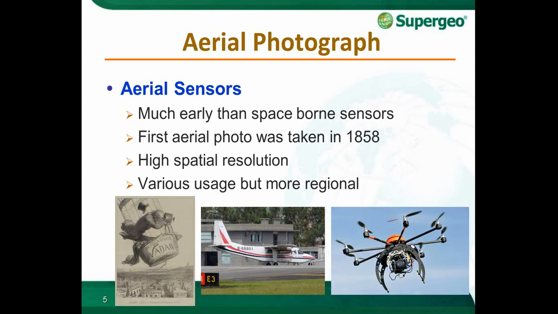The advantage of aerial photos is that the spatial resolution, which will be mentioned later on, is comparatively high, and it has a variety of usage, like photographs of cities, of the sea, or of scenery. But it has the limitation of being more regional due to the limitation of the carrier, like aircraft, UAVs, or balloons.